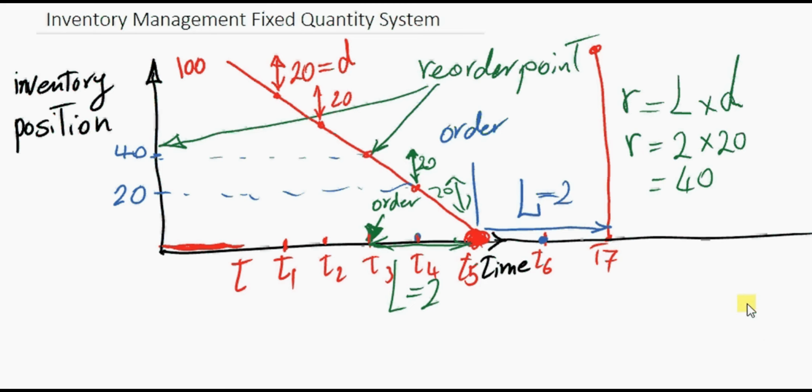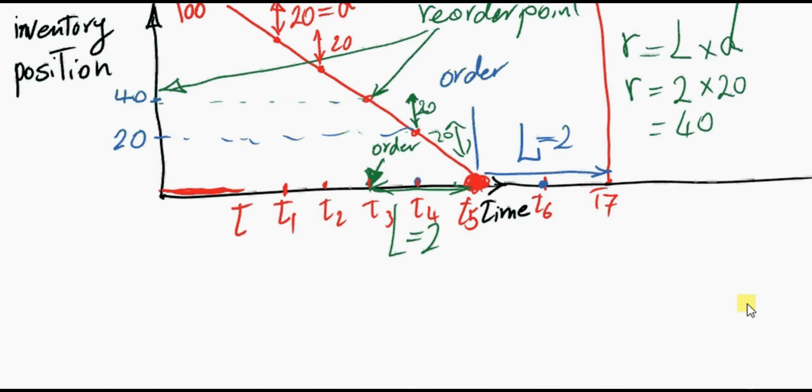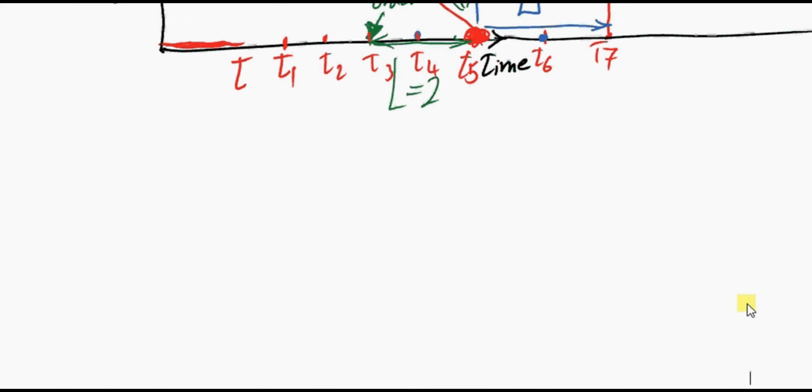Now let us see how we can find the reorder point if the world is not that ideal. And let's think of how is a world that is not ideal.